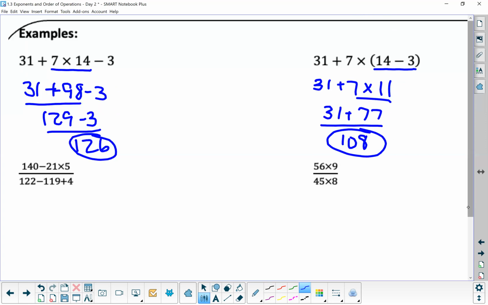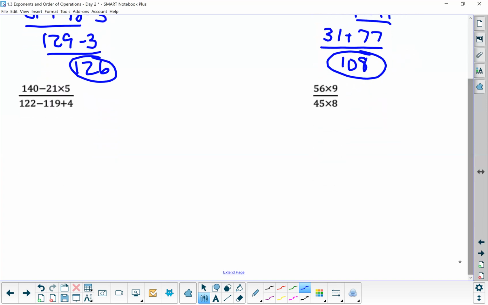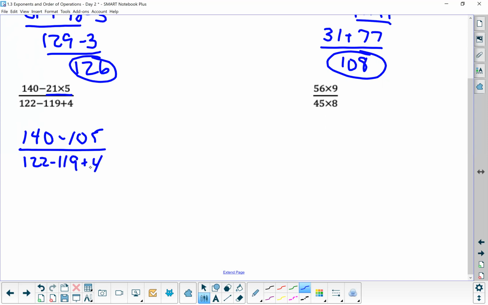The first fractional example, we have some multiplication in the top of the fraction. 21 times 5. And all we have are addition and subtraction in the bottom.